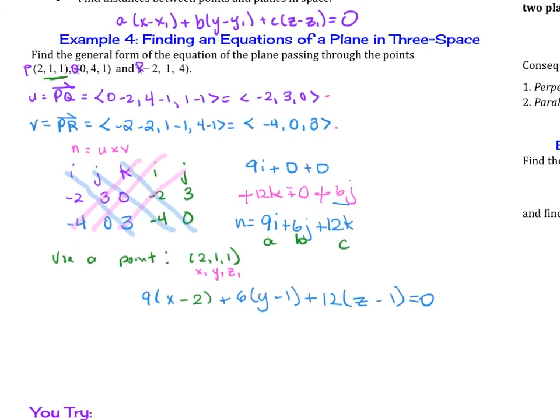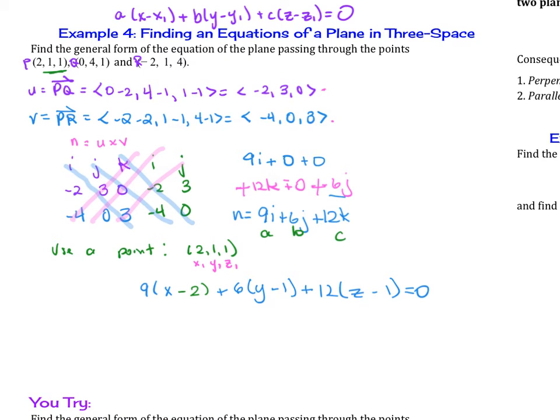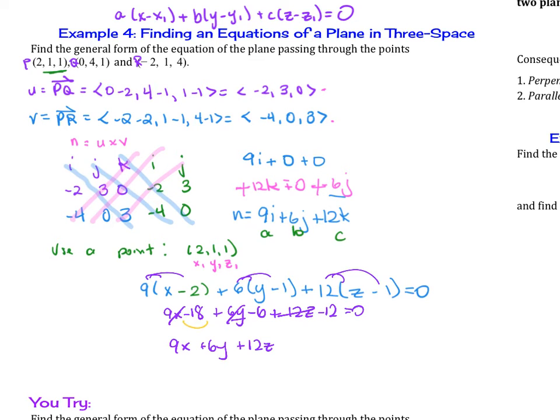Now we distribute and simplify. This is going to be 9x minus 18 plus 6y minus 6 plus 12z minus 12 equals 0. So I have a 9x, plus 6y, and plus 12z. Then we combine the like terms, negative 18 minus 6 minus 12, which is negative 36, and that equals 0.